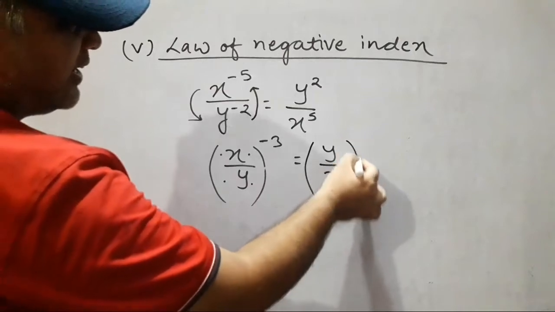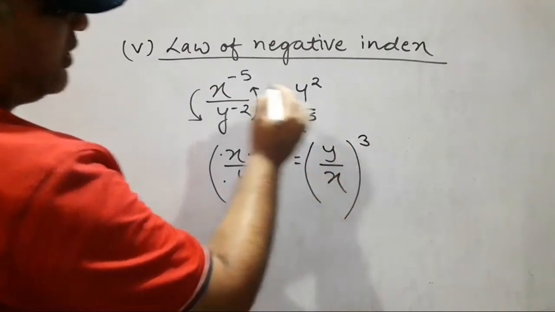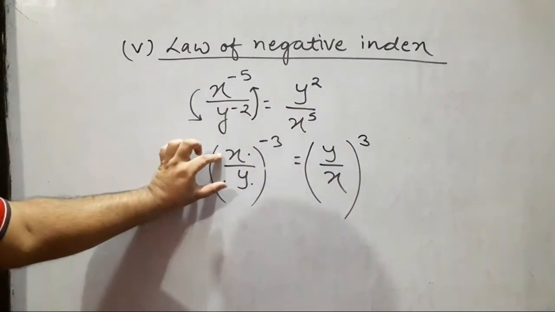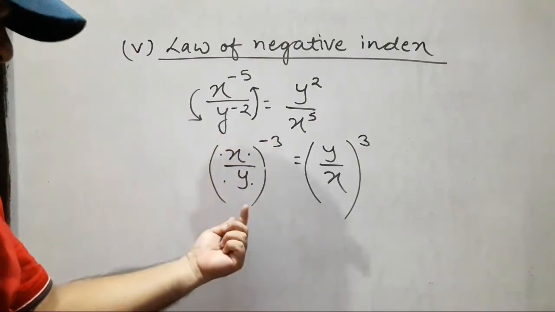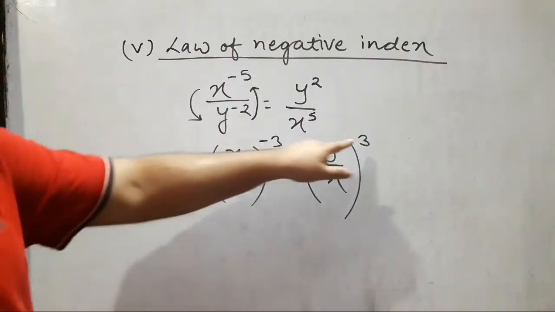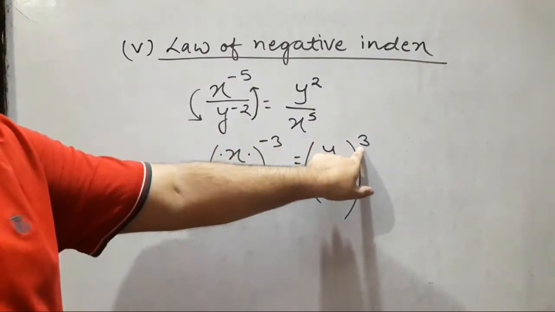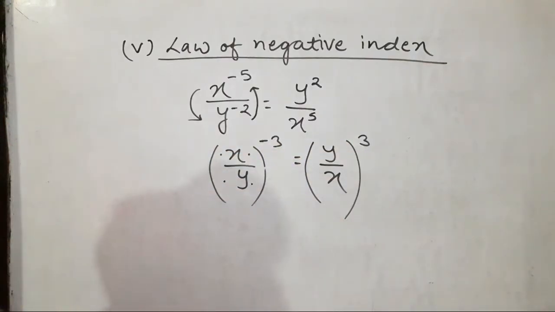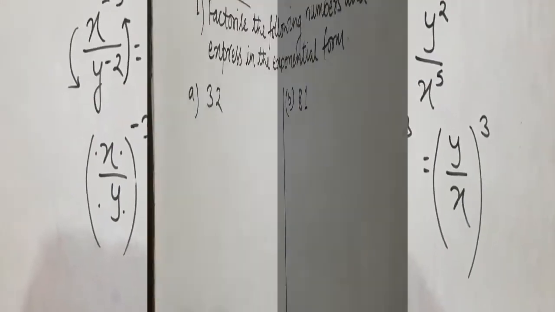I can write this as plus 3. So x by y whole bracket power minus 3 can be written as y by x power plus 3. This is called the law of negative index.